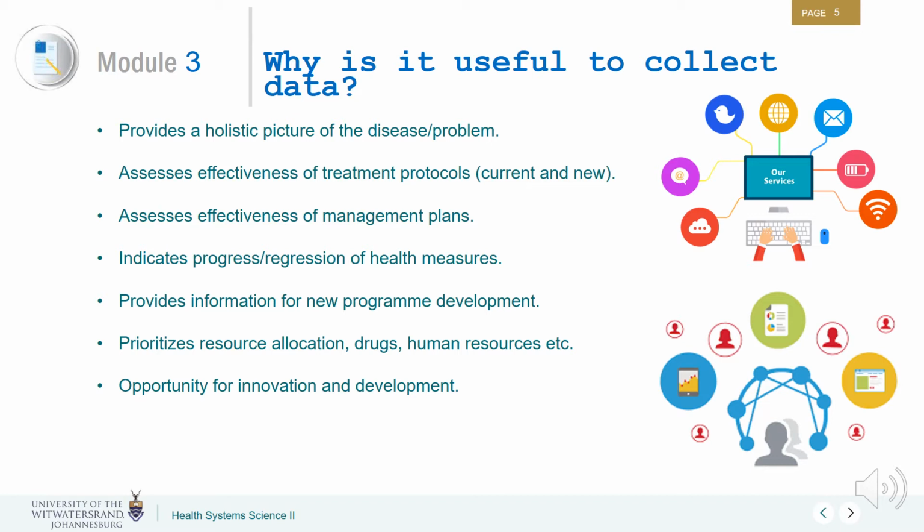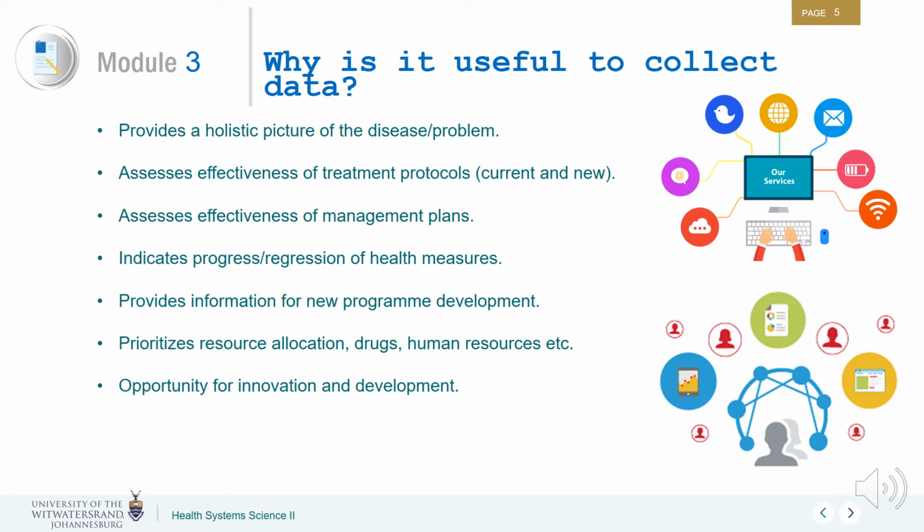So if we think about the COVID-19 pandemic, there are new protocols that have been developed, and we have to see how effective they are in achieving their outcomes. It also helps us to assess the effectiveness of management plans that have been put in place when we have new protocols that require different resources.